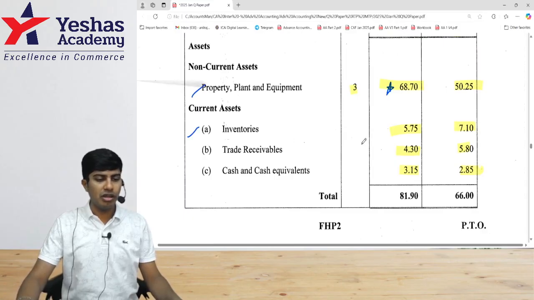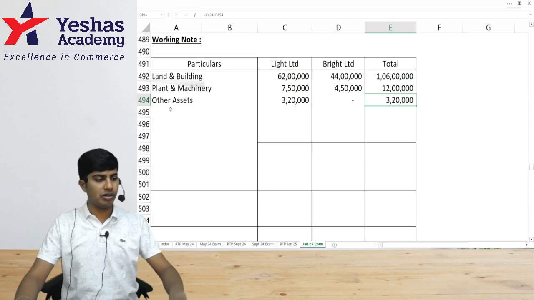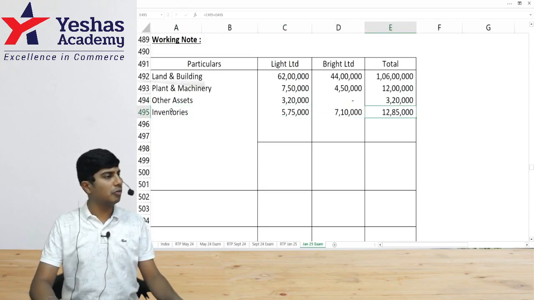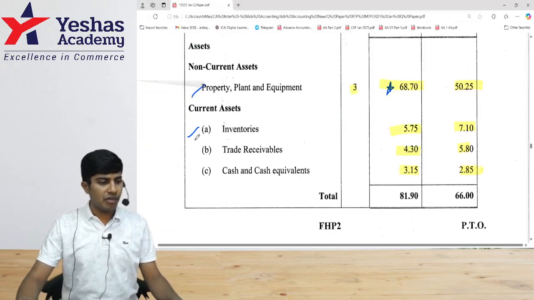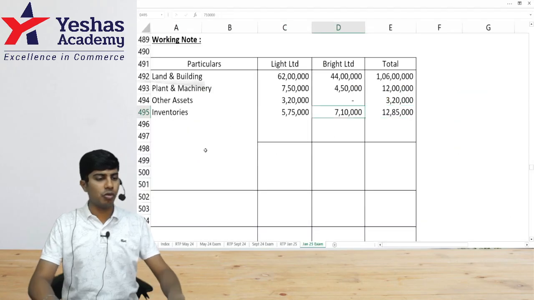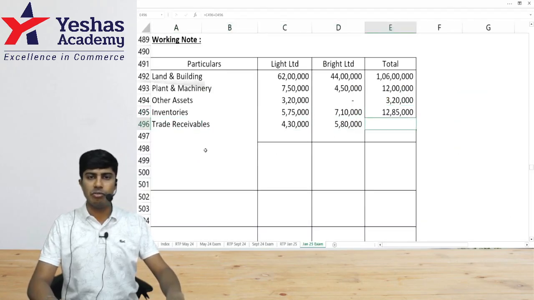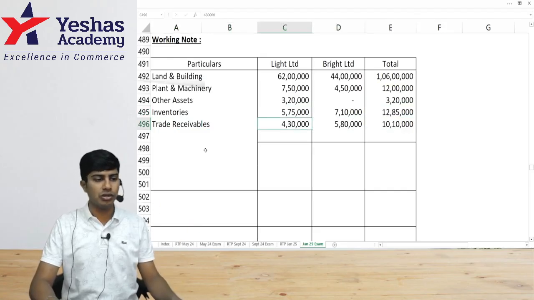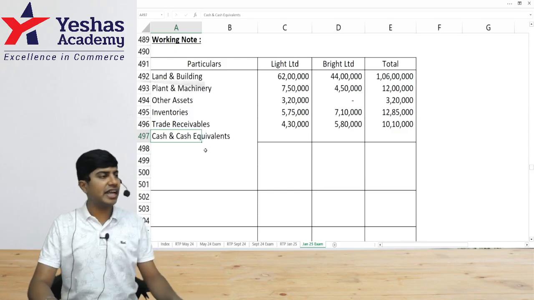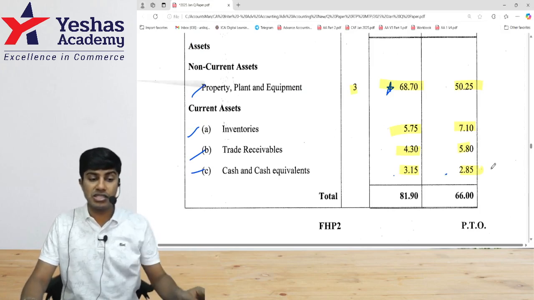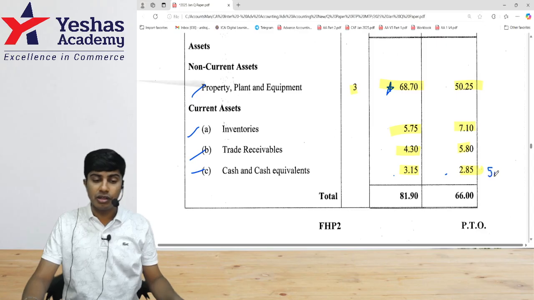Now inventory 5.75, 7.1. Taken over correctly at the same value. 5.75, 7.1, 12.85. Next, we have trade receivables taken over at 4.3 and 5.8. Trade receivables 4.3, 5.8, together 10.2. Then we have cash and cash equivalents. Cash and cash equivalents 3.15, 2.85 plus 50,000 bank balance taken over.